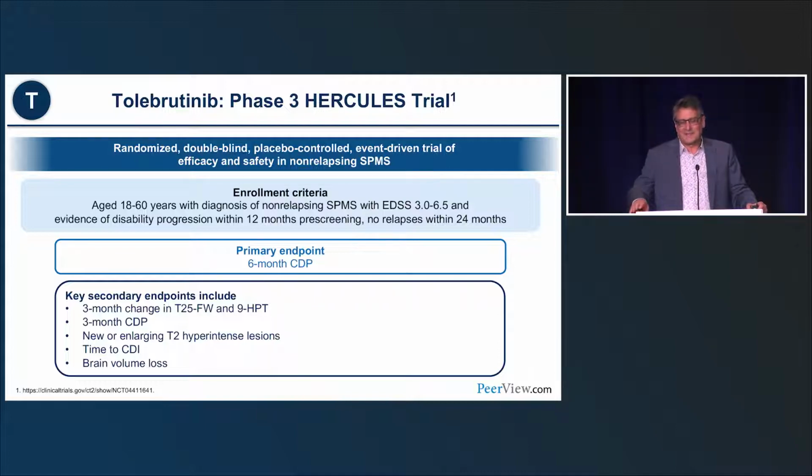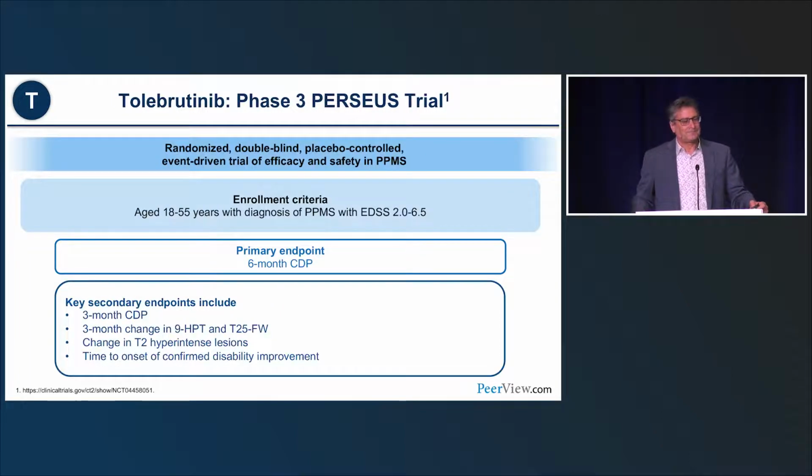It's great this is being done because do we lump non-relapsing secondary progressive with primary progressive, or do we get data? And so this will give us data to know how similar those two similar diseases are. And then this is the placebo-controlled tolebrutinib for primary progressive, classic design for that, looking at disability progression as well as disability improvement.